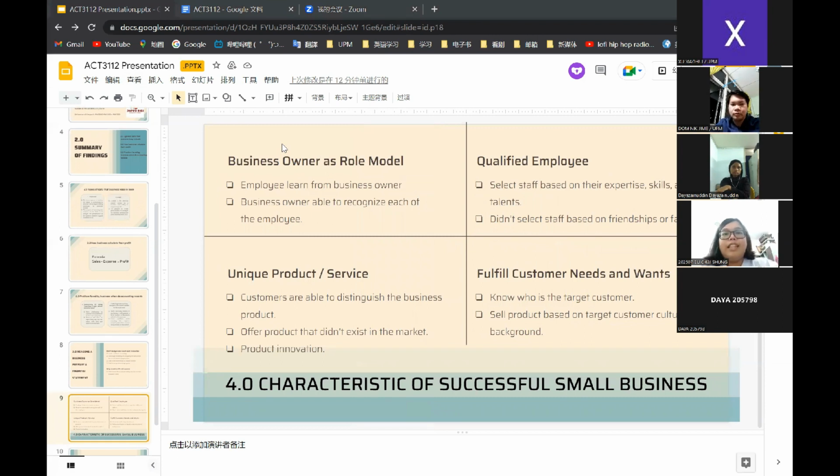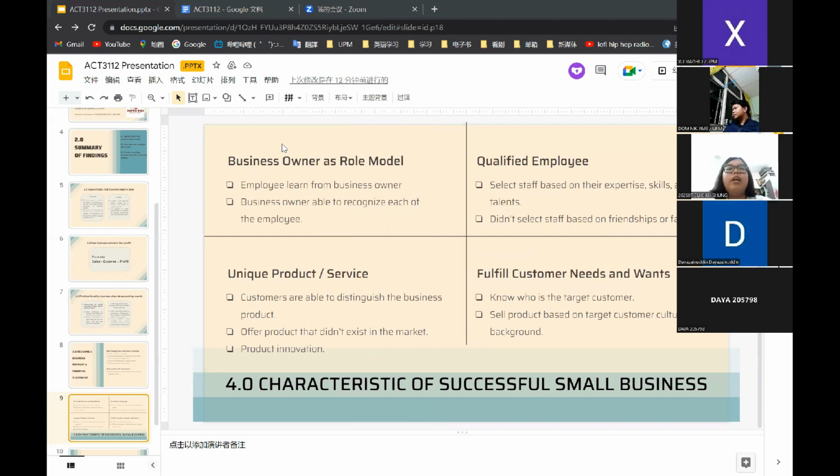Thanks to the last presenter. Now I will continue with my part, which is the characteristics of a successful small business. In order to succeed when conducting a small business, there are some categories that the business needs to fulfill. First, the owner of the business will be a role model for everyone in the business, so they can learn from the owner.